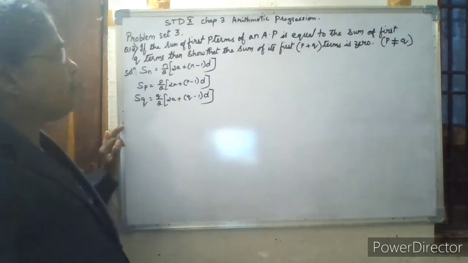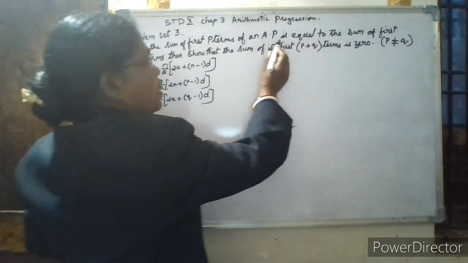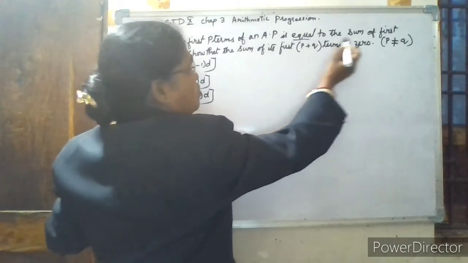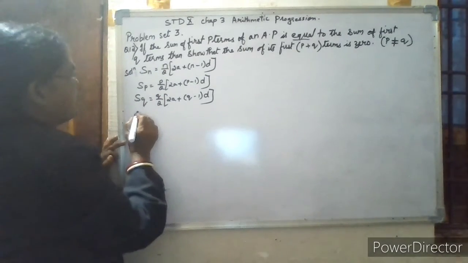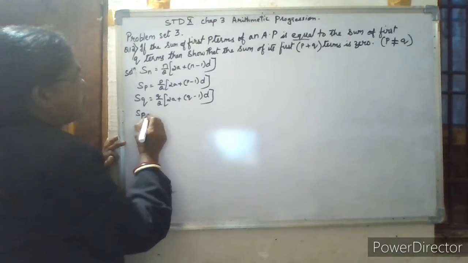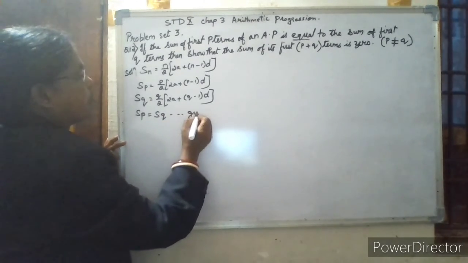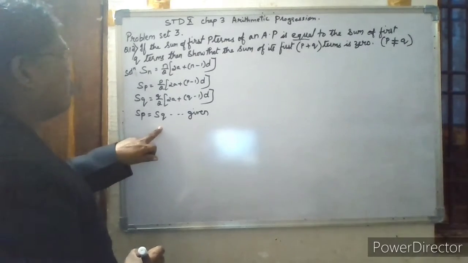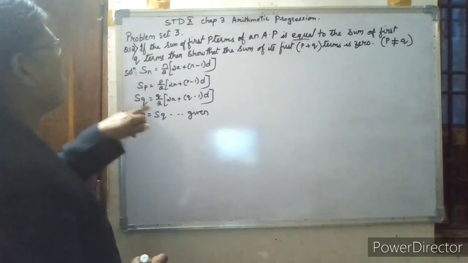Now it is given that the sum of first p terms of an AP is equal to the sum of first q terms of an AP. That means the sum of p terms is equal to the sum of q terms. The sum of p terms we found out, and the sum of q terms is equal to this.